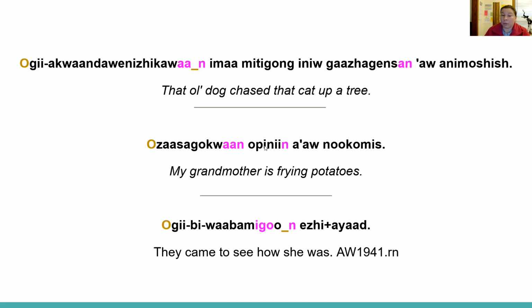And again, because the fourth person is the obviate, it's not pluralized. So you don't see potatoes, even though we know from the translation, and probably we would expect, that there's more than one potato.